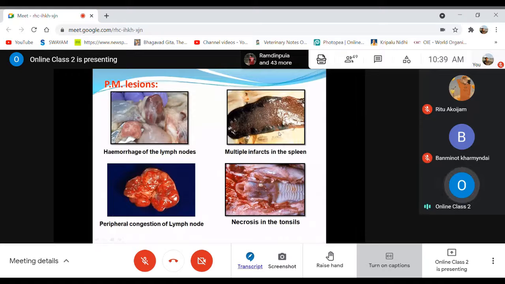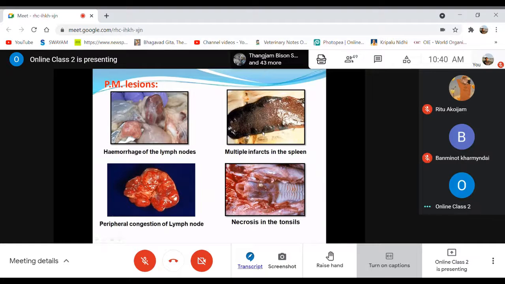Then multiple infarcts. If you remember, infarcts occur in case of thrombosis of blood vessels. When there is blockage of the blood supply through the end arteries, like at the margins of the spleen, for example, if the vessels supplying blood to these parts show thrombosis, with a thrombus occluding the lumen, then they cannot supply blood to these regions.